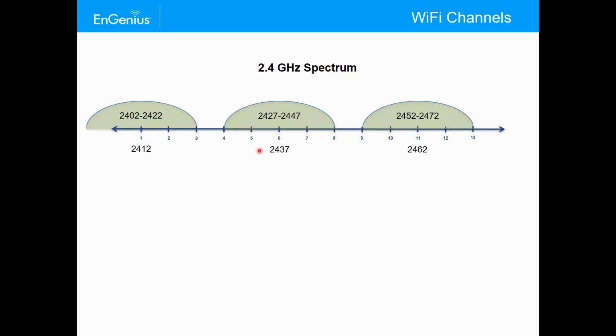So, for example, I have 3 access points running in 20 megahertz channel bandwidth, or channel width. If I deploy 3 access points on channels 1, 6, and 11, I still don't have a problem. But if I deploy a 4th access point in a nearby location, that's where I start to have the issue. Let's say I deploy another AP on channel 3.